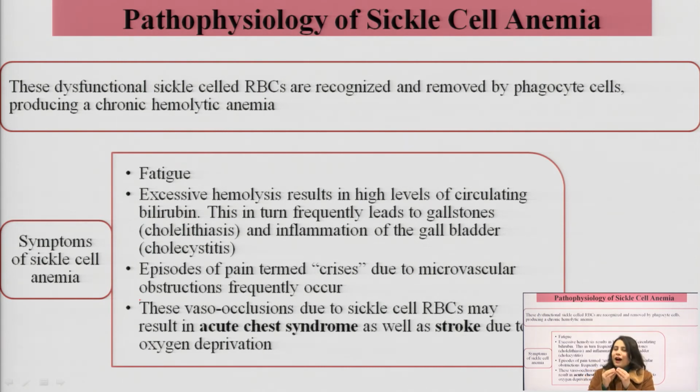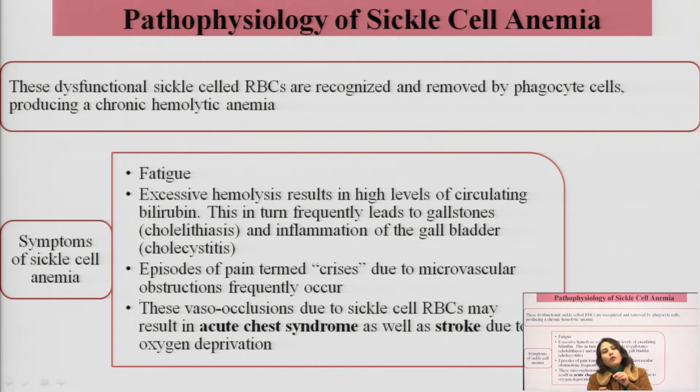Then, we know that the RBCs have a sickle shape in sickle cell anemia. This is not the normal disc shape of RBCs. It is sickle celled. So when this sickle cell is going through blood vessels which have a large diameter, then it's fine. But when it enters into the microvascular system where there are narrow capillaries, there it results in obstruction.